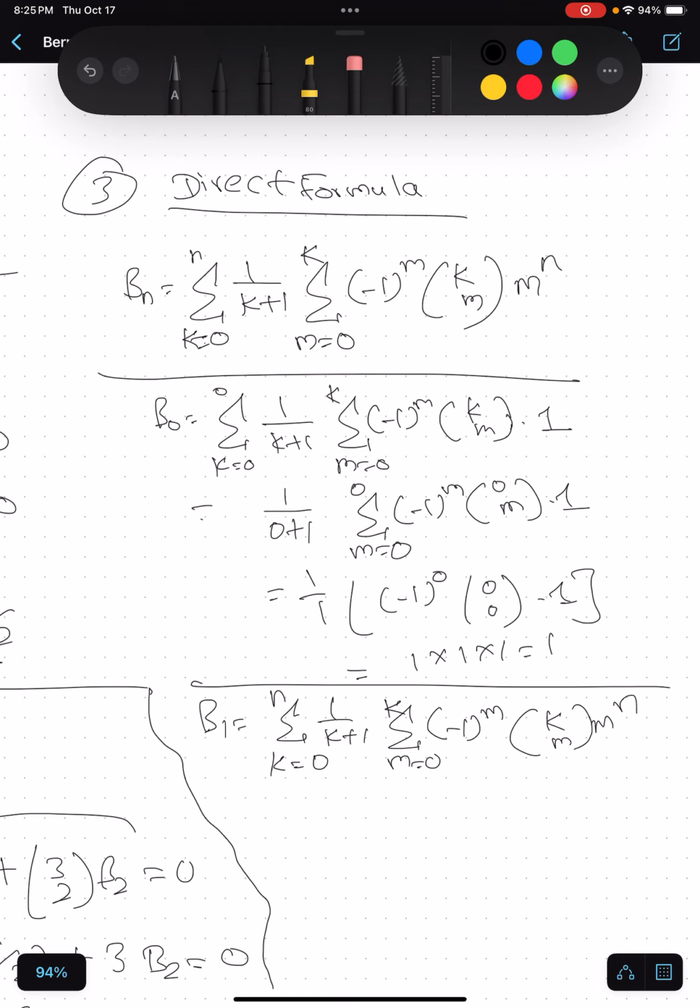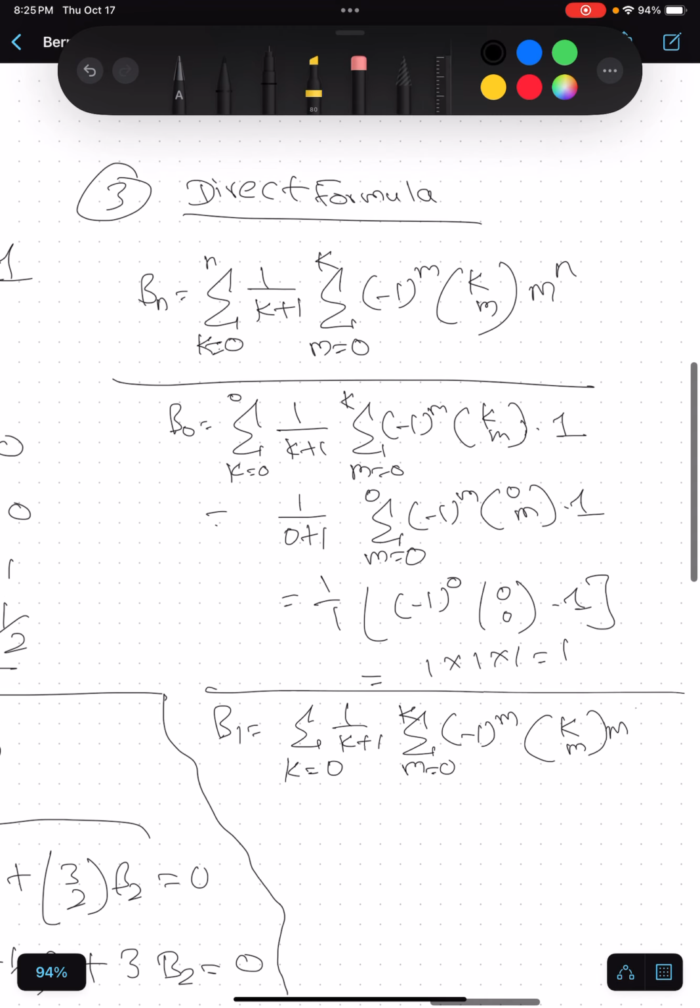Now since n is 1, we'll substitute 1 here. Okay, wait, 1, so no need to write 1 over here. So now at k equals 0, this will be 1 by 0 plus 1. Then sum from m equals 0 to 0, minus 1 to the power m, 0 choose m, right?